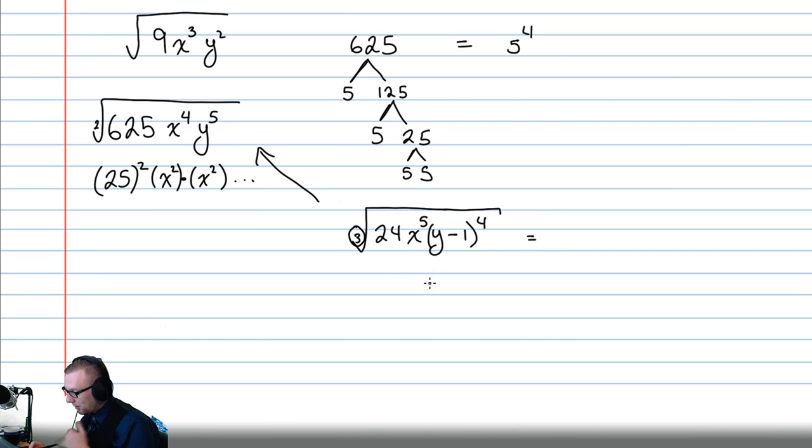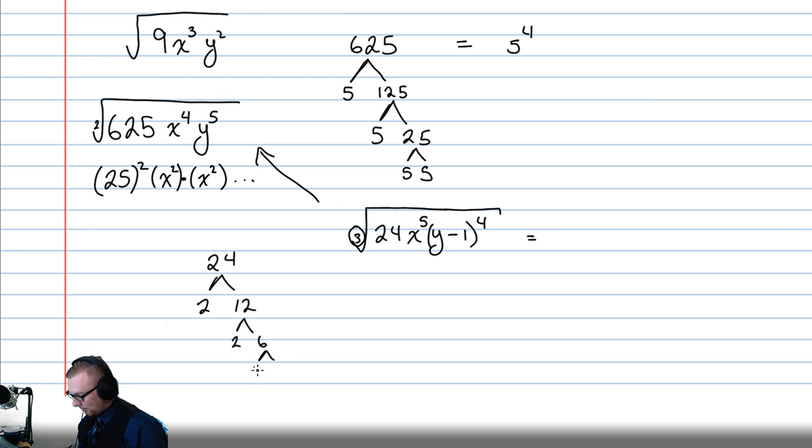So okay, 24, break it down into its factors. What is 24 in its factors? 2 times 12. Good. More? 2 times 6. Okay.